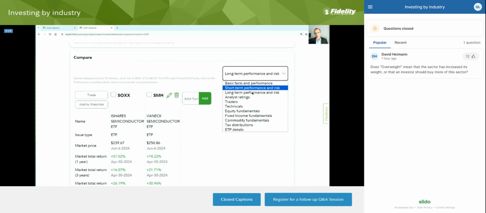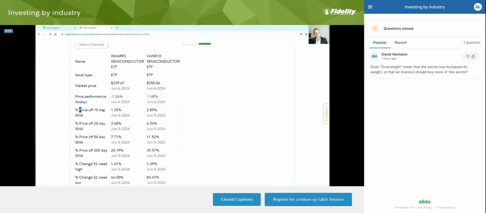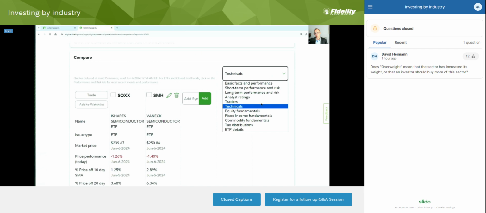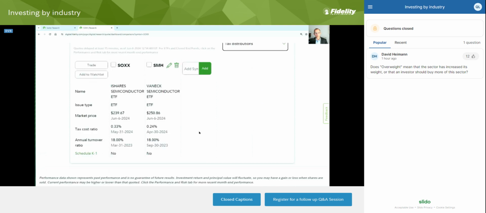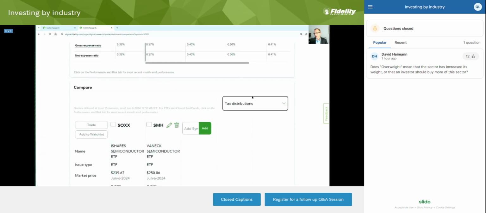But we also have other characteristics. How do these relate to their technicals? For example, are they above or below their current simple moving averages? And if so, by how much? We can take a look as well here under the tax distributions. How much are these paying out in distributions, and is it reasonable for us to expect that they will be similar in the future? All of this can be done here on this Compare tab.